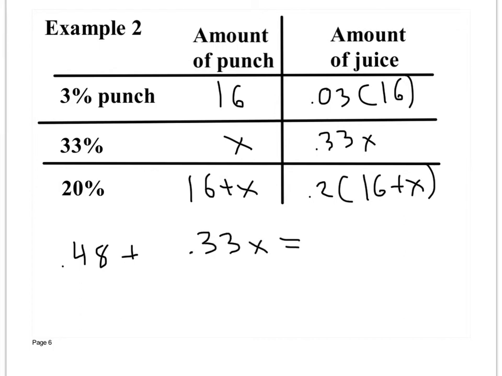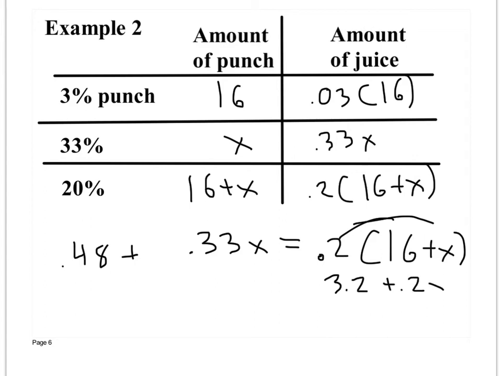That will give me my amount of juice for the 20%, which is 0.2 times 16 plus x. So now what do I need to do? Distribute the 0.2. 0.2 times 16, that is 3.2. And then 0.2 times x is 0.2x.